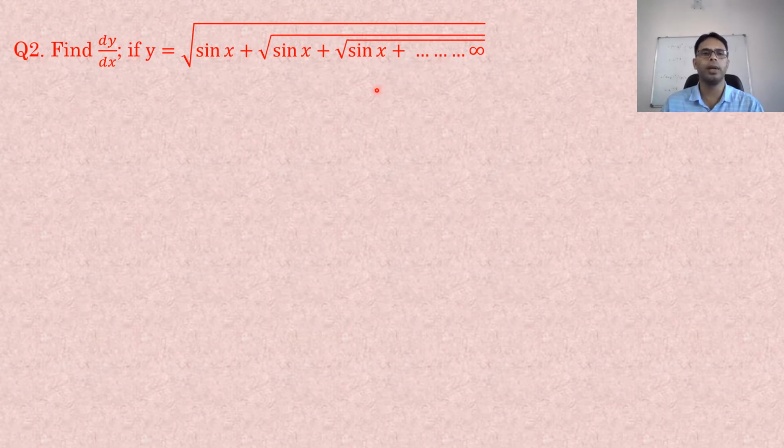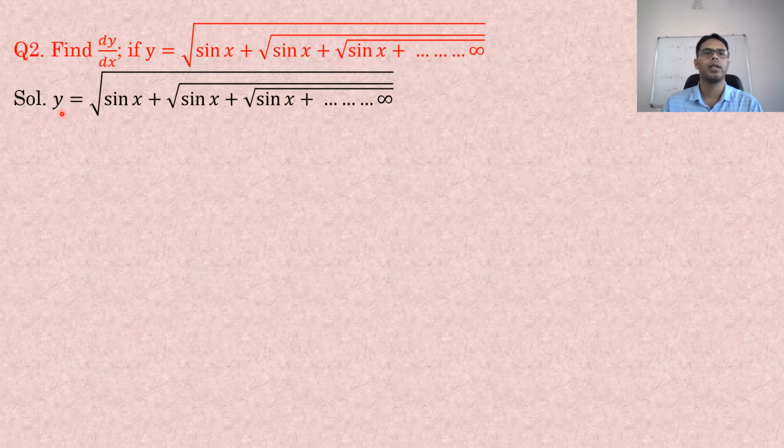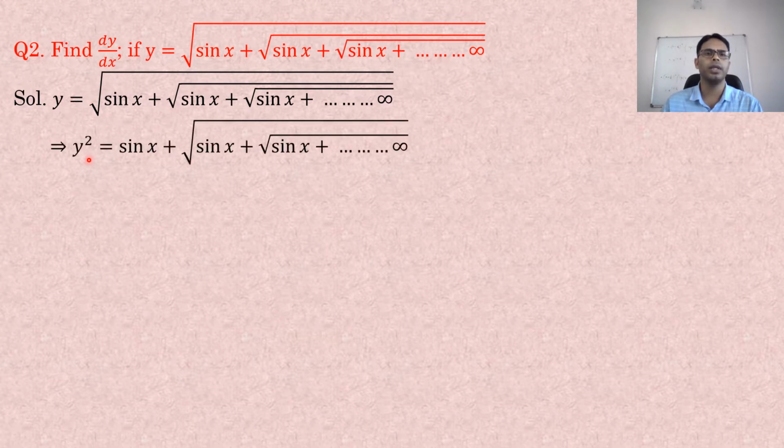So in this problem also you take the differentiation. First of all, write the expression: y is equal to the given expression. I am going to take the square on both sides to remove this root. So y square will be equal to sin x, which remains the same, plus the remaining terms: root over sin x plus root over sin x plus so on up to infinity.